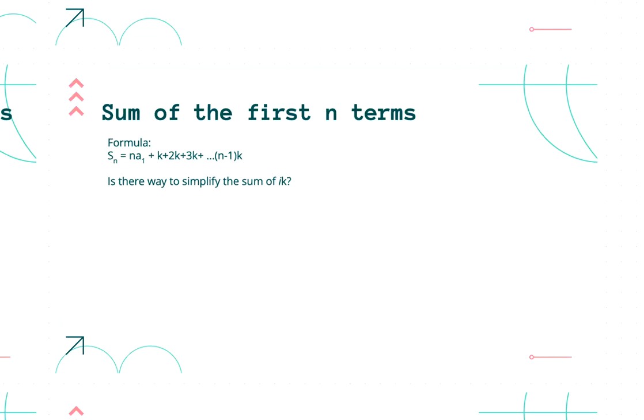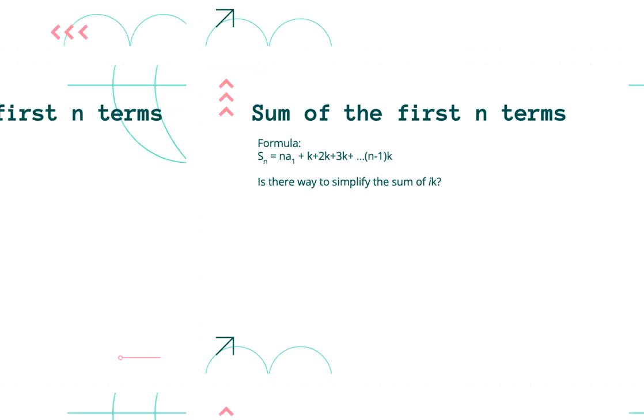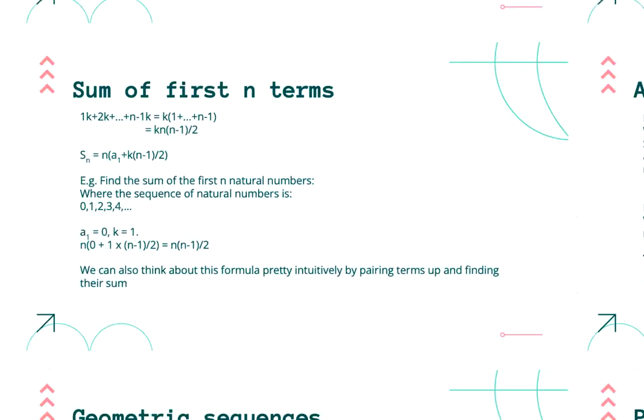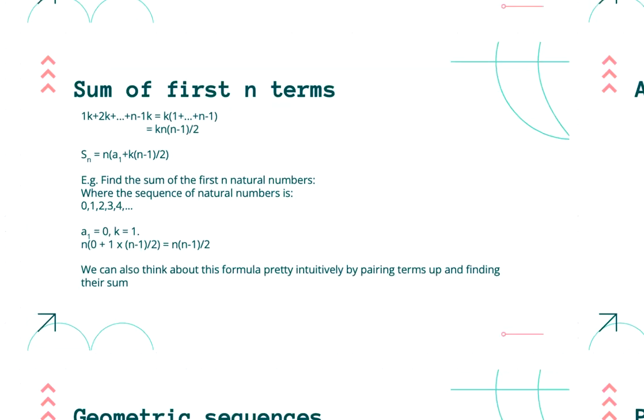Okay, so how can we simplify this now? Okay, yeah. So now we know that we can simplify this by factoring out n. So this is what we can get.